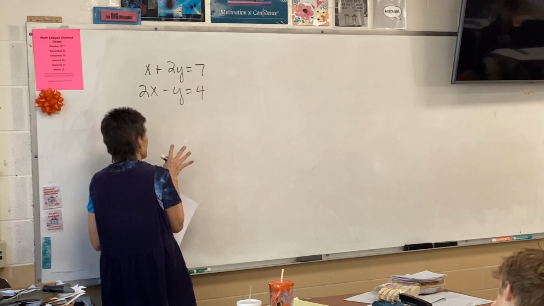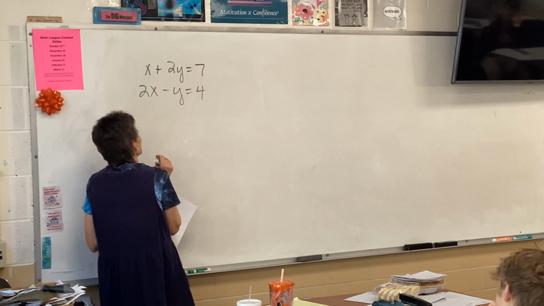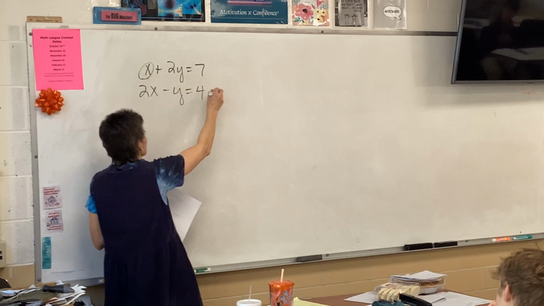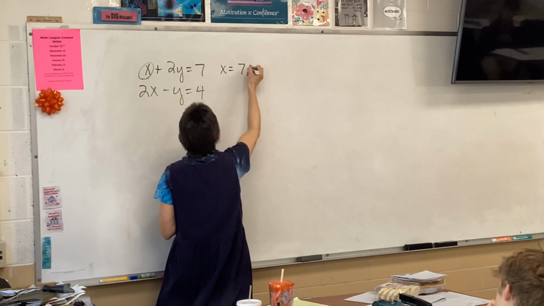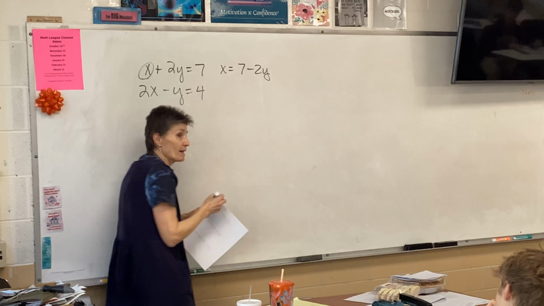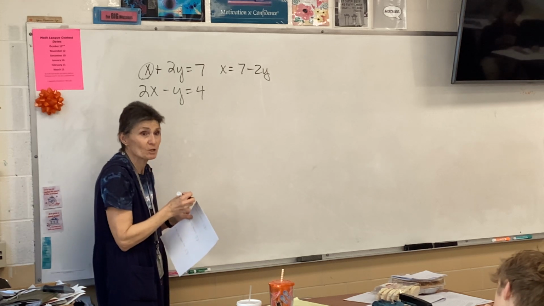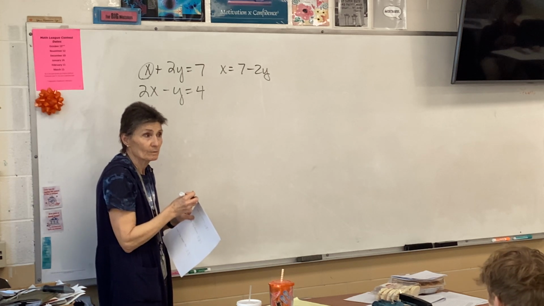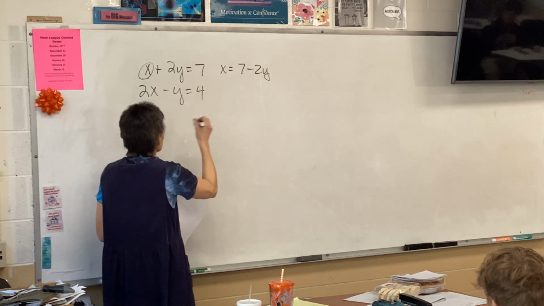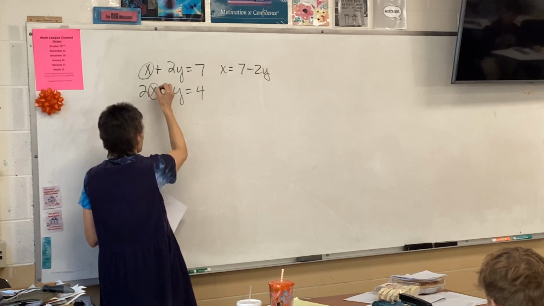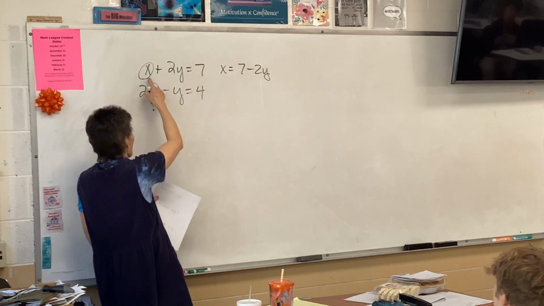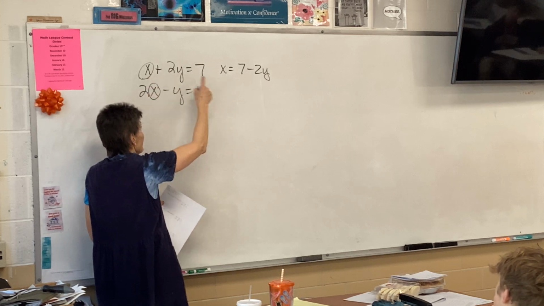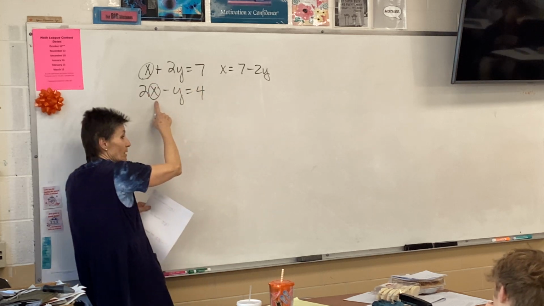So what would you suggest? Get x by itself? So x equals 7 minus 2y, that seems like a very good option, right? And then I'm gonna plug that in right here. So I get that by itself, and then whatever it equals gets plugged in right here.